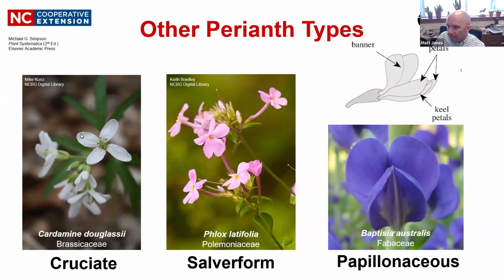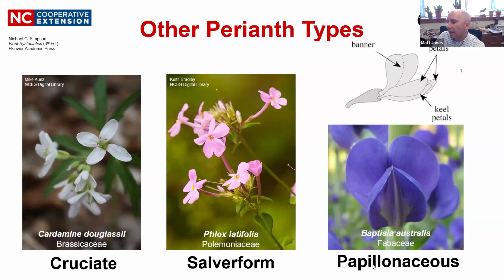So there's a pair of petals that are 90 degrees from another pair of petals. Salverform means that they are fused at the base, flare out at the tip, but the petal lobes are 90 degrees from the tube, as in this phlox. It's characteristic of most phloxes.